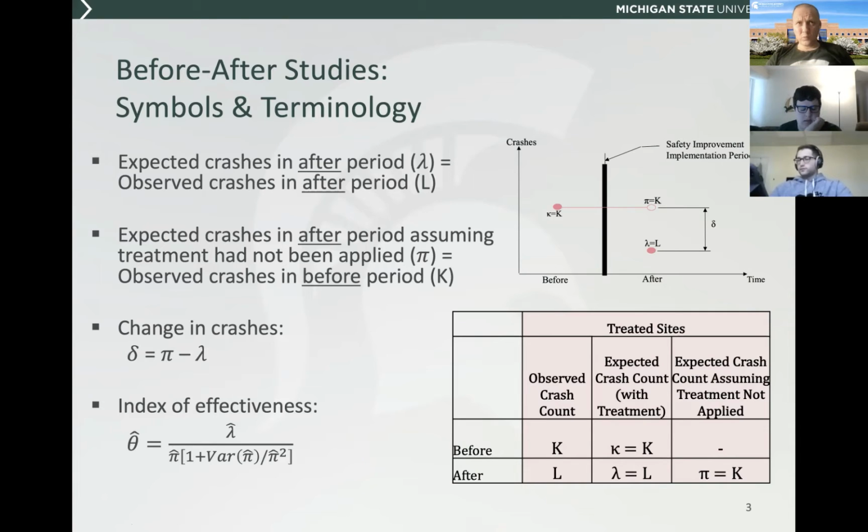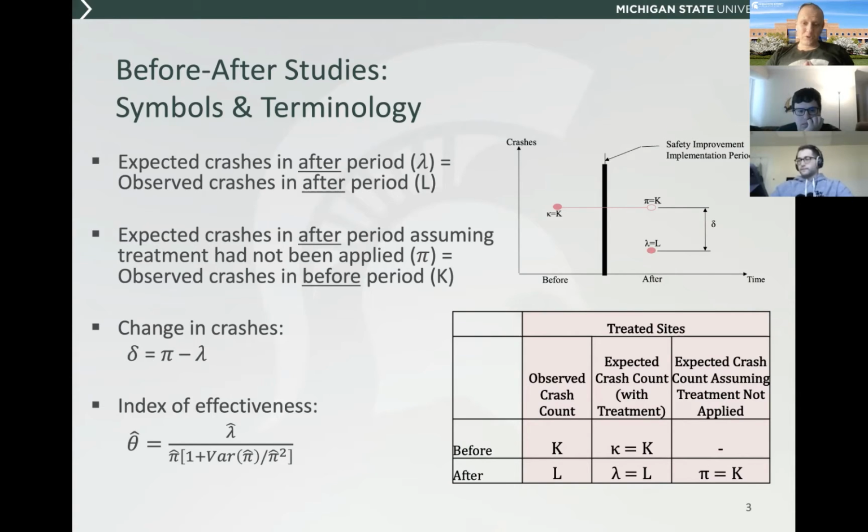And so there wouldn't be a need to directly account for any regression to the mean effect in that circumstance. Okay, so it would only be trying to adjust this before period crash data due to the fact that we expect this as high as it would be compared to a quote unquote normal year.